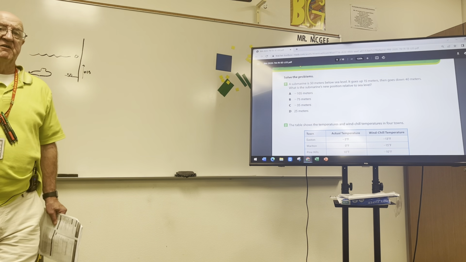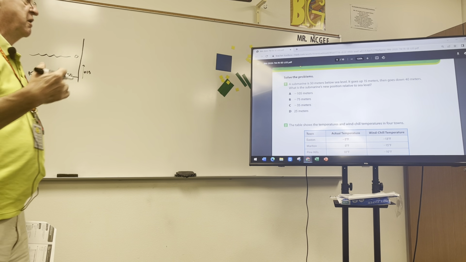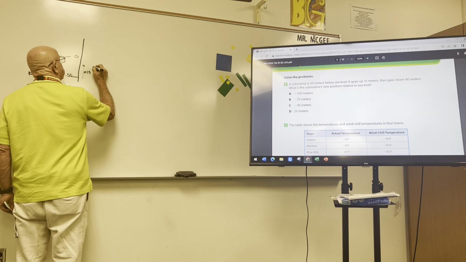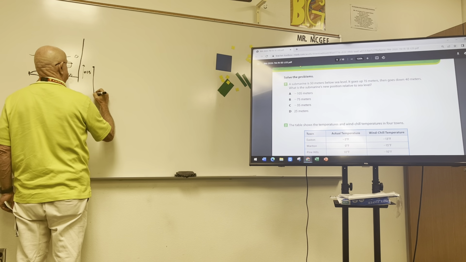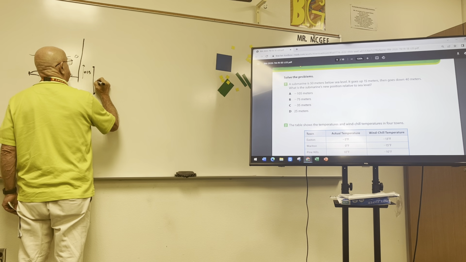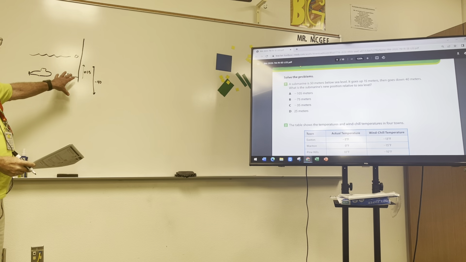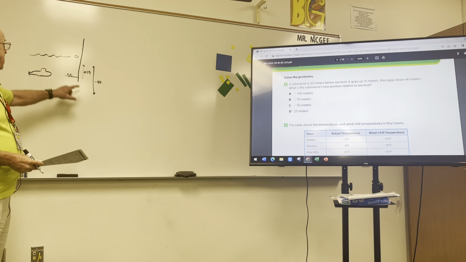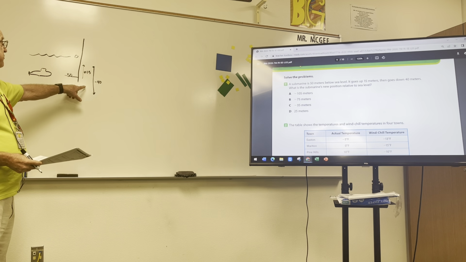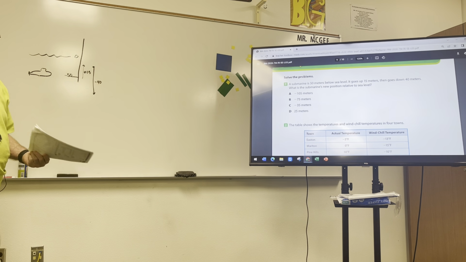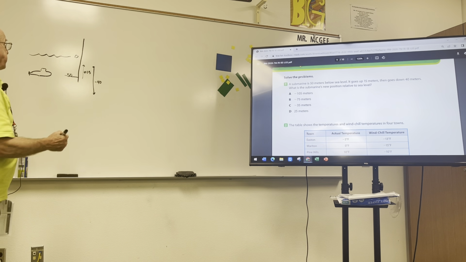And then it says it goes down 40 meters, so from this point it goes down 40 meters, right? So that's negative 40. This is what it would look like on a number line: 0, negative 50 is where it starts, up 15, down 40.